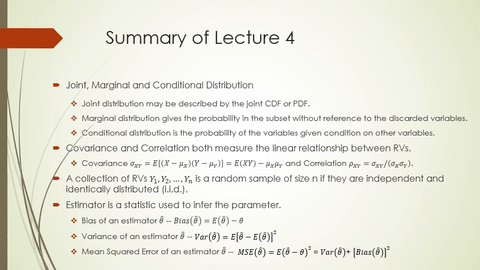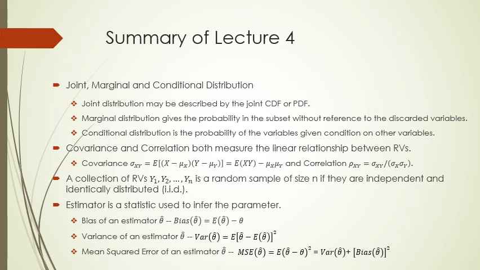Covariance between random variables x and y is defined as the expectation of x minus mu x, y minus mu y, while correlation between x and y is defined as their covariance divided by sigma x, sigma y. Correlation is dimensionless and ranges between -1 to 1.